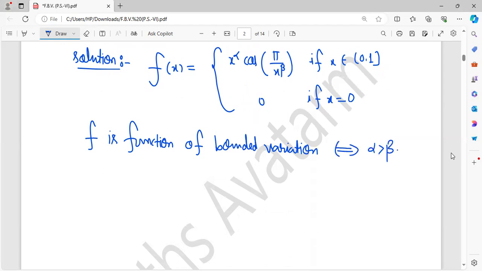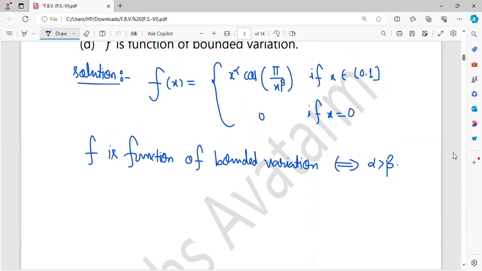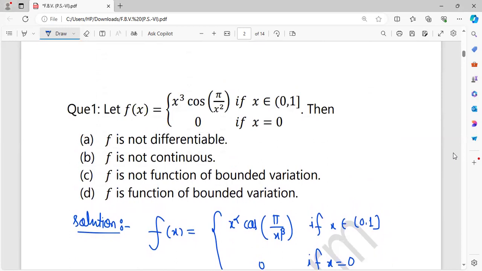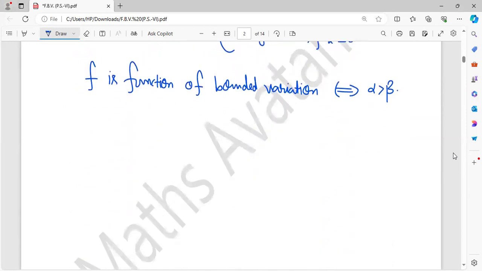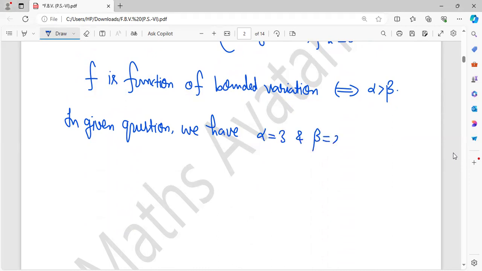Now in the question, what is given? What is alpha? Alpha is 3 here because x cube is here. In the given question, alpha is 3 and beta is 2.